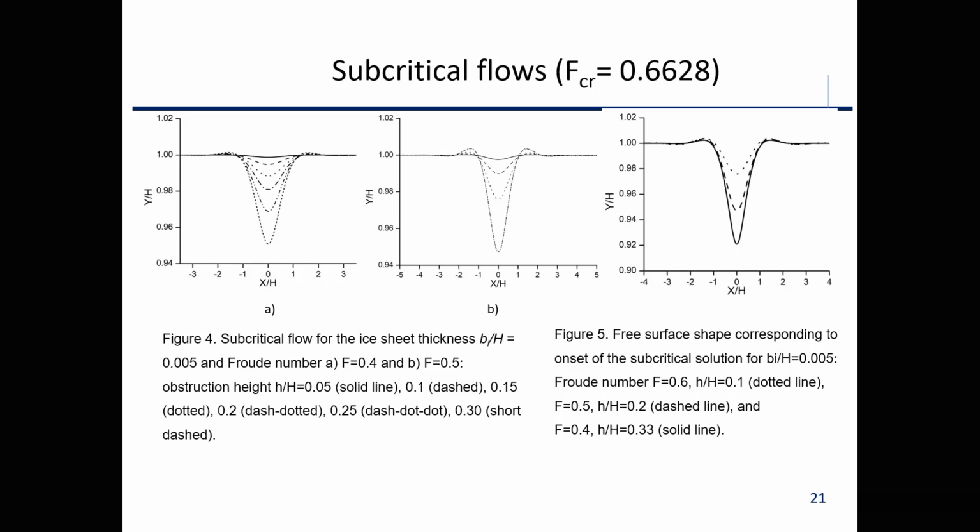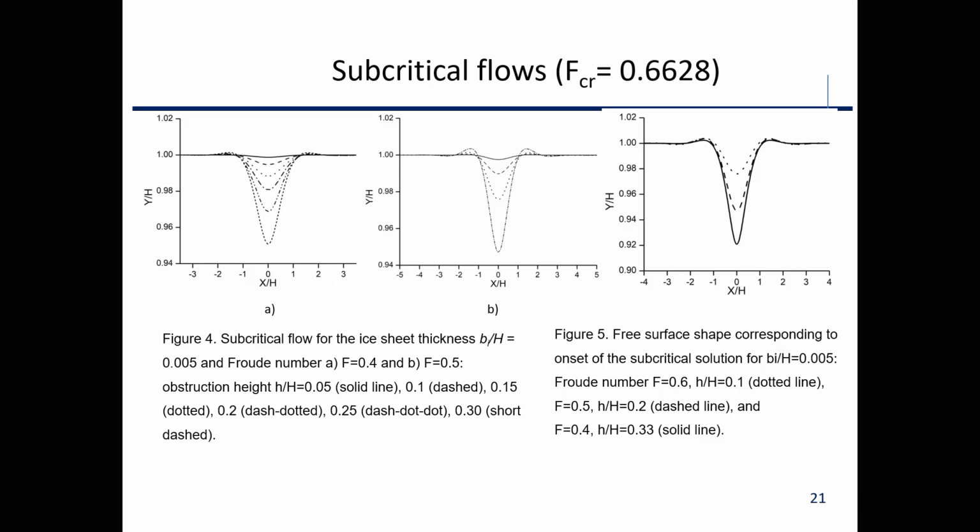For example, in figure B, the solid line corresponds to an obstruction height of 0.2, and we cannot obtain a convergent solution for a larger obstruction. Figure 5 shows one set corresponding to subcritical solutions. For example, for Froude number 0.33 we can use one height, or for Froude 0.4 we can use an obstruction height of 0.033.